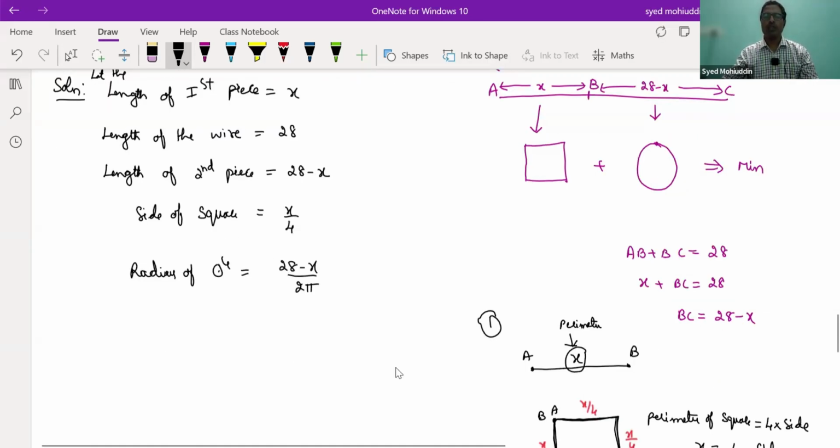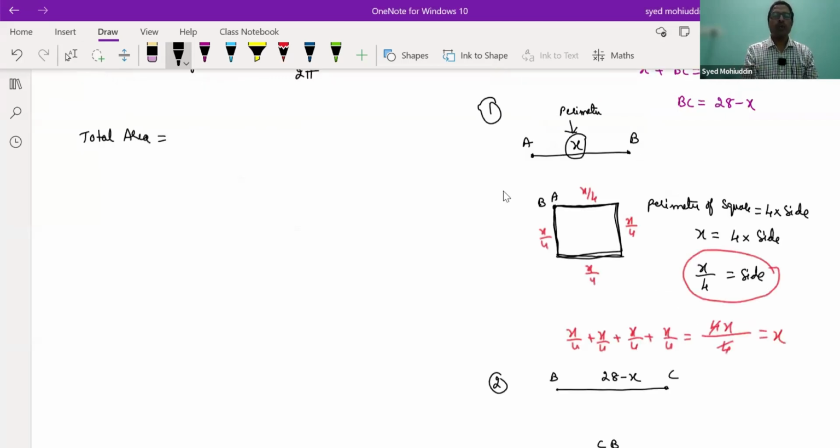Once we have got it, what do we need to find out? We need to find out that the total area of the circle and square should be minimum. So that is what we need to find out. Therefore, the total area will be the area of the square plus the area of the circle.